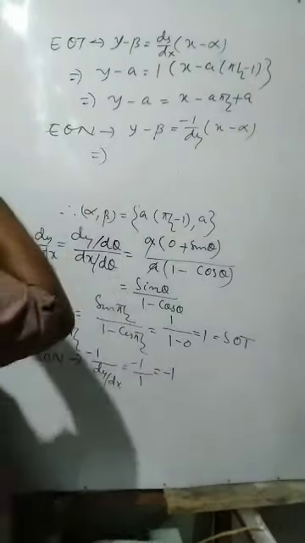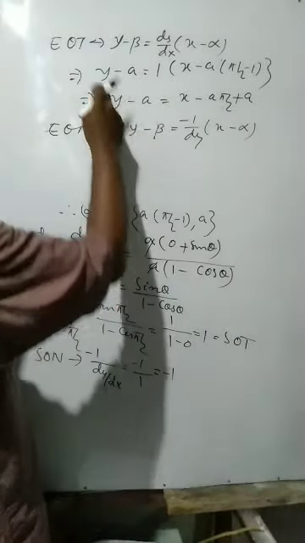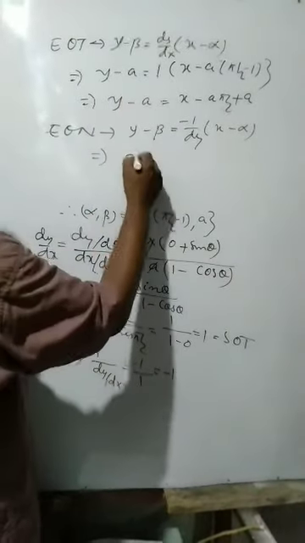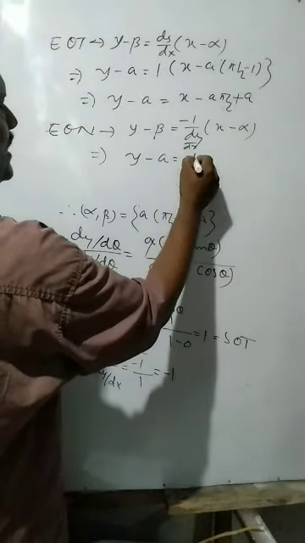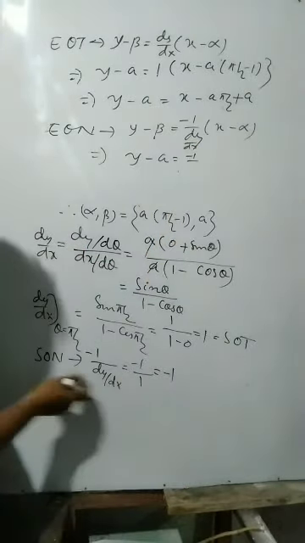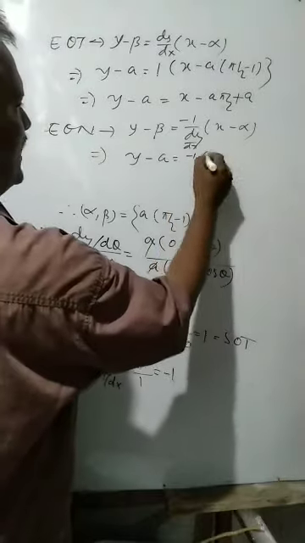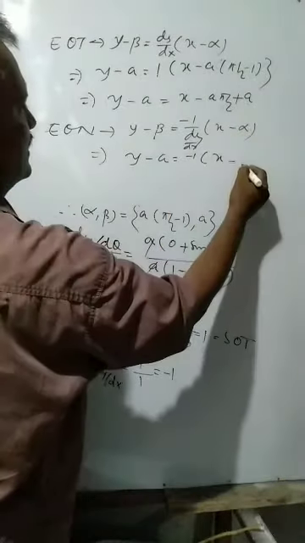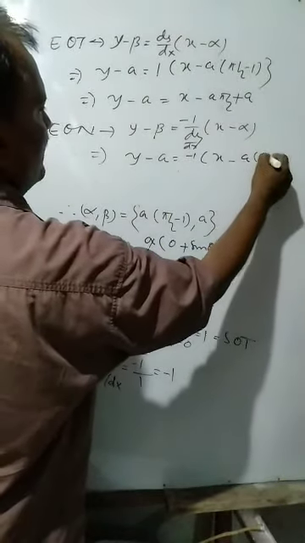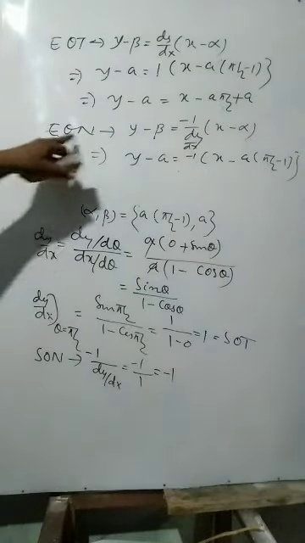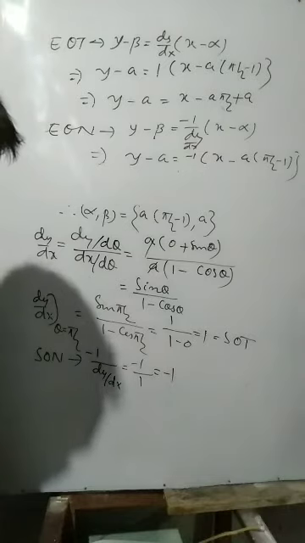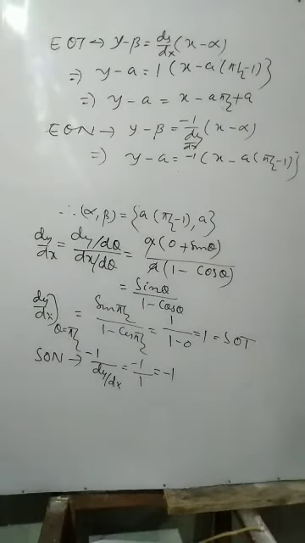So y minus a equal to minus 1 by dy by dx, which is minus 1, into x minus alpha, which is x minus a into pi by 2 minus 1. You simplify, then you get the equation of the normal and the equation of the tangent.